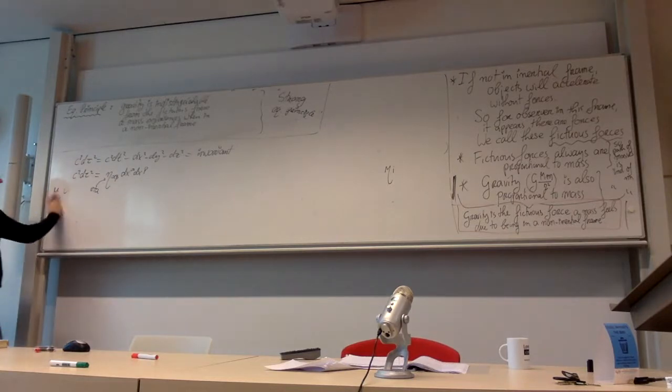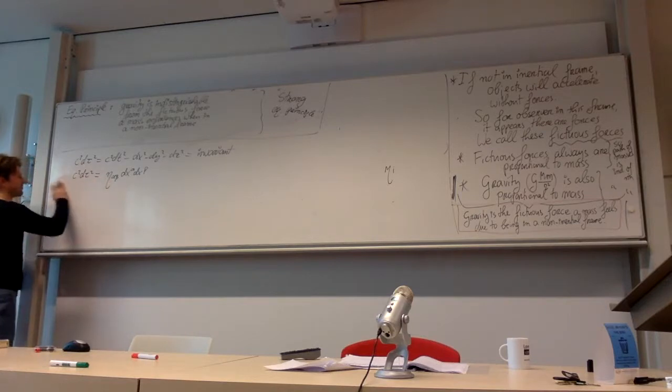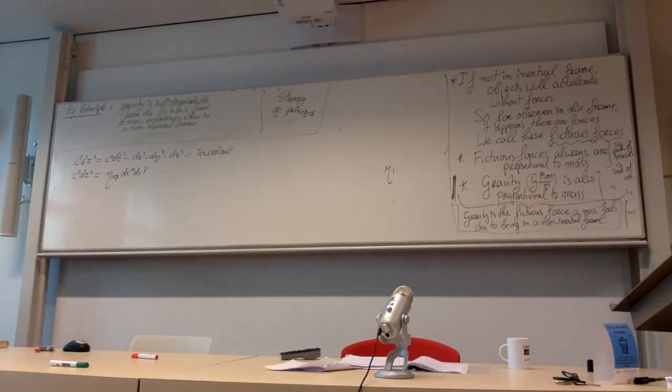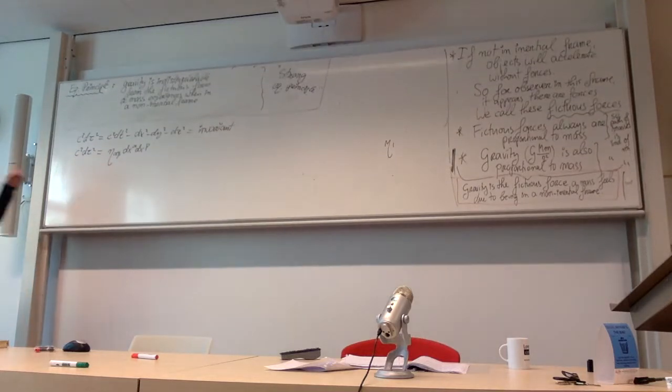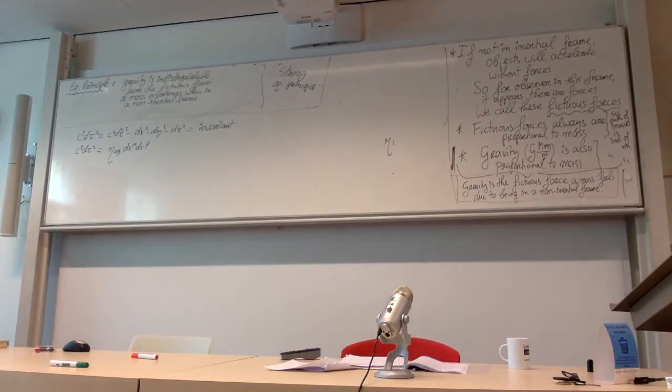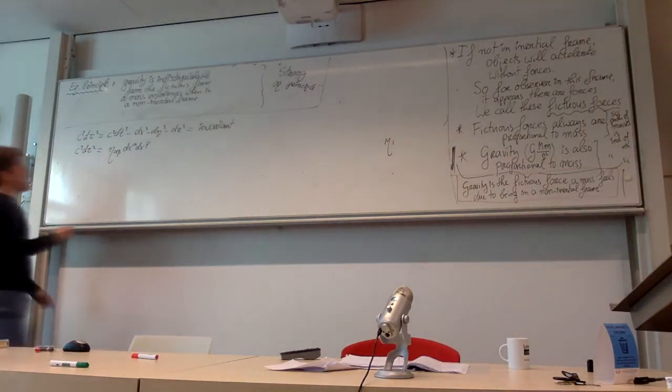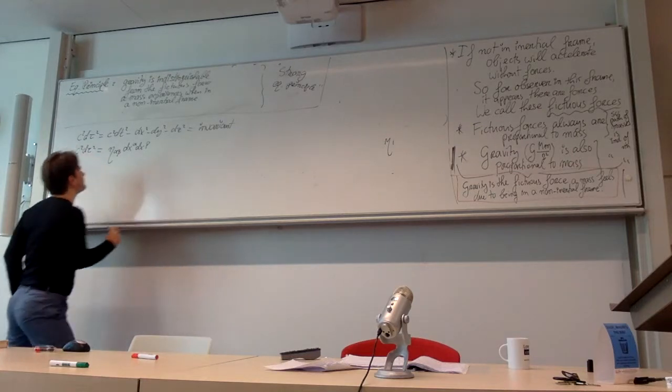It's hard to tell them apart in speaking. Unfortunately, people use mu and nu as their default setting. I'm happy to use this, but be prepared that if you open a book, you will find mu's and nu's. Let's do alphas and betas. In fact, I think we even promised that we would do that next time. So here we go. This is just notation. There's no new physics. There's not even new mathematics. It's just a new notation. Now, what is notation? It's as follows.